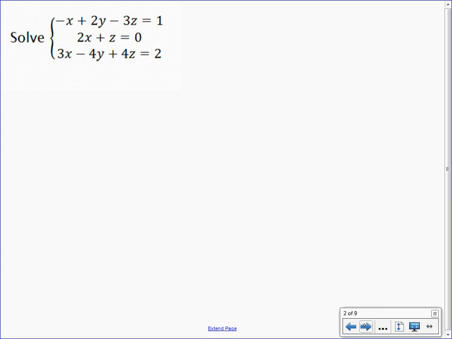All right, let's first talk about D. D is just a determinant of... So, my first row is what? Second row.